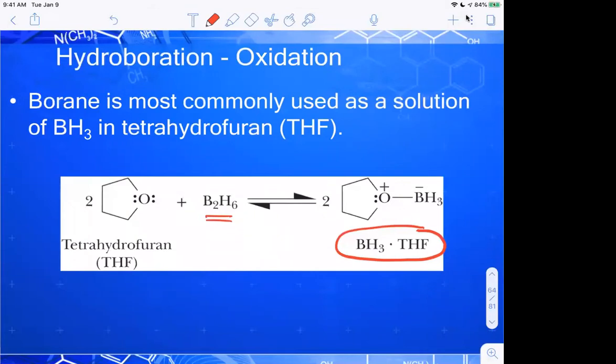And I do have this sort of positive-negative thing going on here, but I just want you to know, instead of the specifics, that when you see this reagent here, or if you see BH3, you're thinking about boration, like hydroboration. I'm adding a boron.